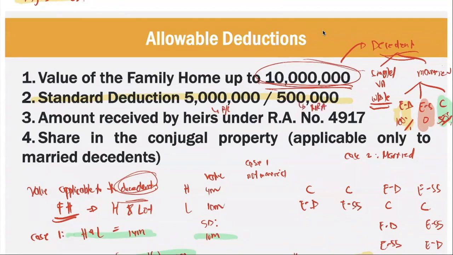Next, amount received by heirs under RA 4917. You already know that one. That can be considered as a deduction. Next, you have your share in the conjugal property. So you get your total net conjugal property multiplied by 1/2. That is the share of the surviving spouse.